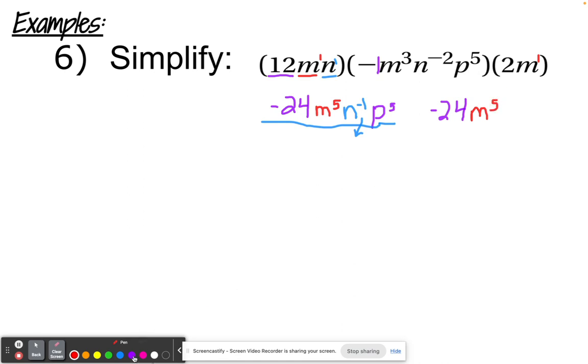I guess I'll leave my p purple since it was purple before. P to the 5th power. And then in my denominator, I will have n to the 1st power, which I can just write as n.